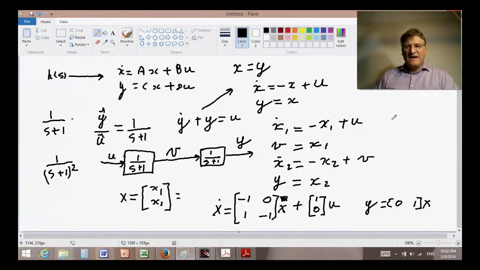We see that we can do this for 1 over s plus 1 to the power p, where p is arbitrary.